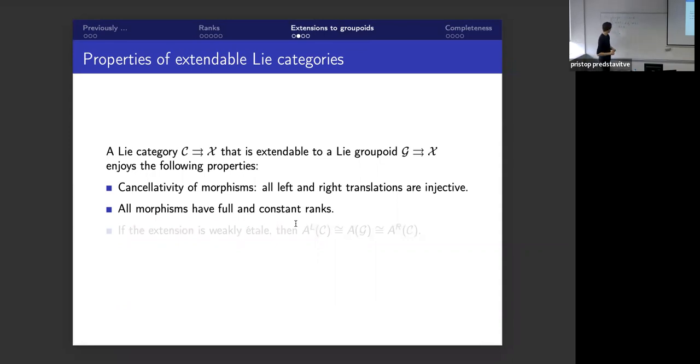And so in order to show this, what we do is we use functoriality because that's the only thing that we have. And so what we do is we have left multiplication by g.